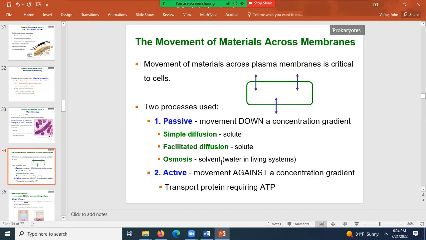Anyways, osmosis specifically refers only to water moving across a membrane. So it's a little bit more than simple diffusion, because simple diffusion does not have to involve a membrane. And an example of that, actually I've got it in the next picture.